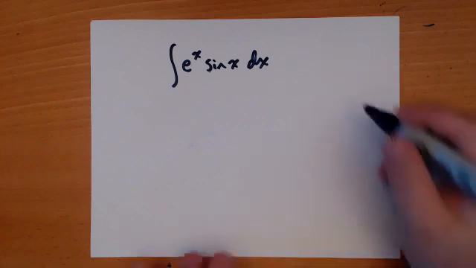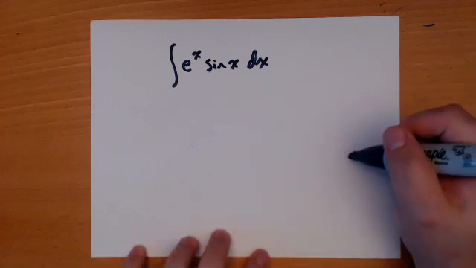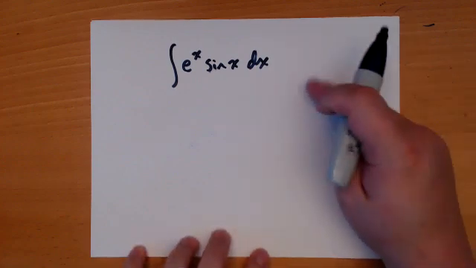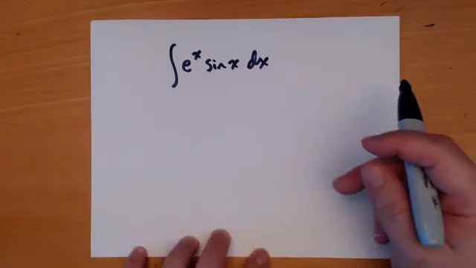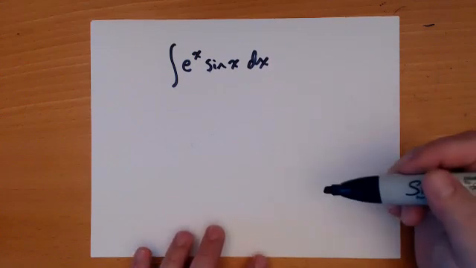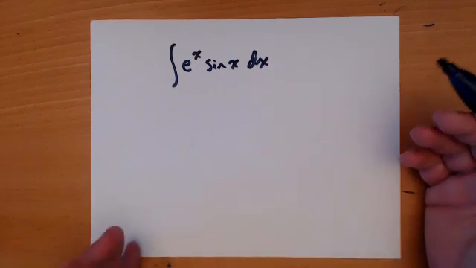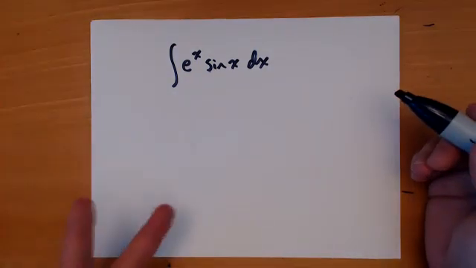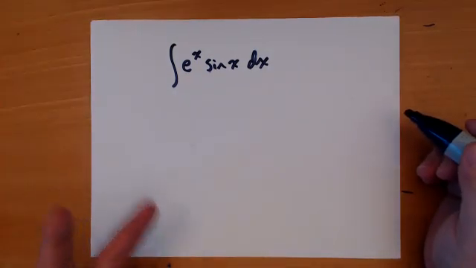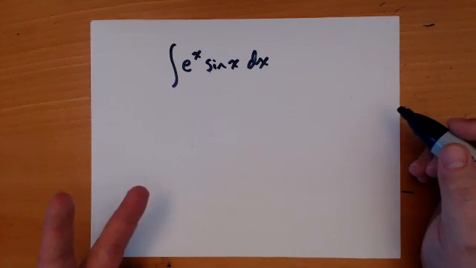You see the problem with doing the table method on this one is that the guy on the left-hand side of that column that you take derivatives and derivatives of is just going to keep on going, right? They're never going to stop because they cycle. So when you have two things that cycle, the table method doesn't work.